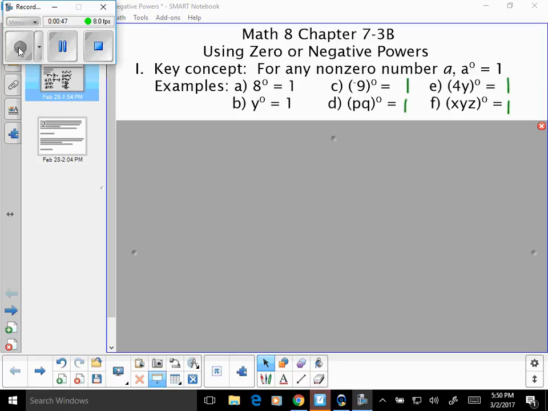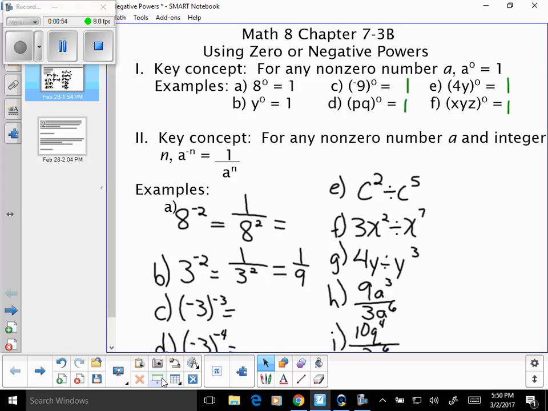Well, now hopefully that didn't prove too hard. Did you get ones? Our second concept is how to handle the times when we get an answer that has a non-zero number a and the integer n, where the power is negative n. Now, I did show you this earlier in the year.